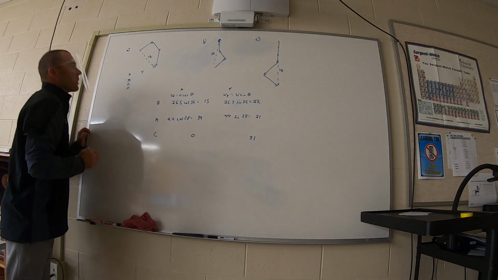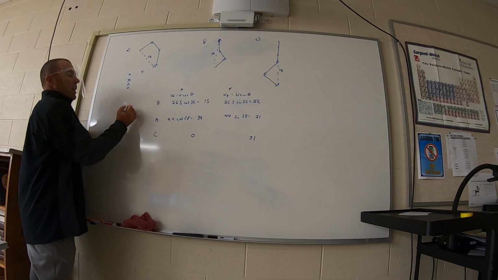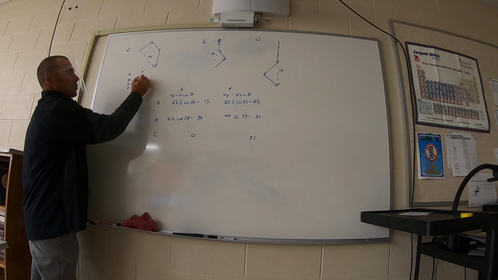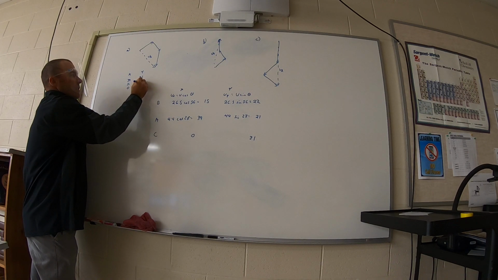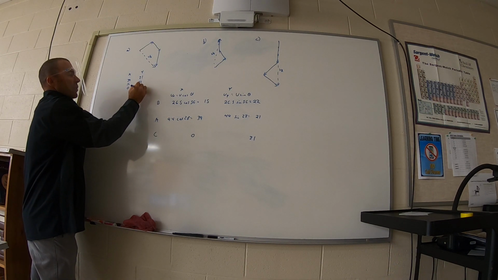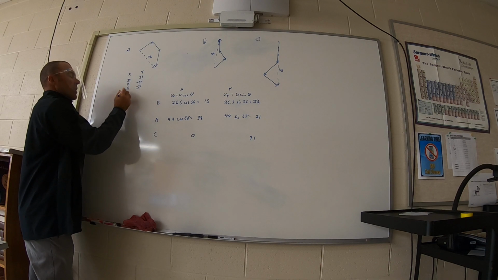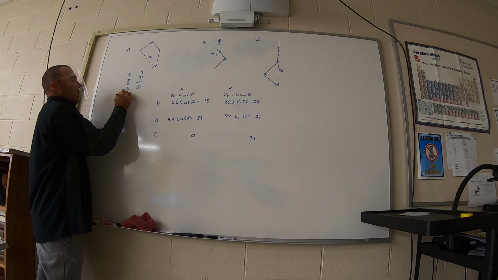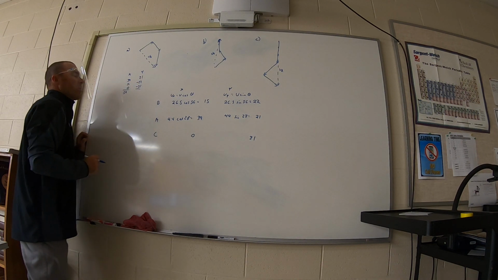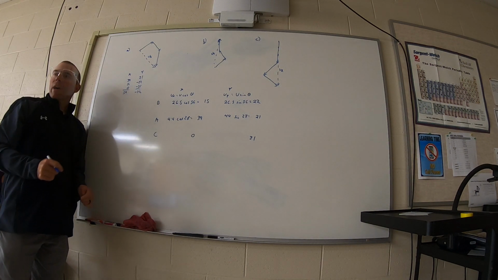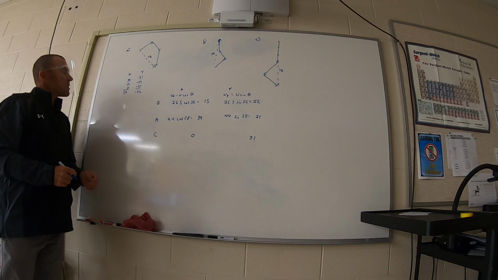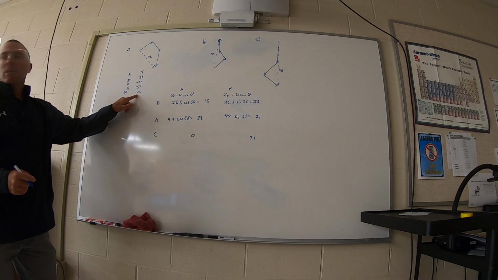And our y components for this, A is 21, because it's going up. B is negative 22 because it's going down. And C is negative 31 because it's going down. So let's just add those up. 39 plus 15 is 54. 21, let's see, that would be minus 1. That's minus 32. Is my math right there? So 54 in the x, minus 32 in the y.